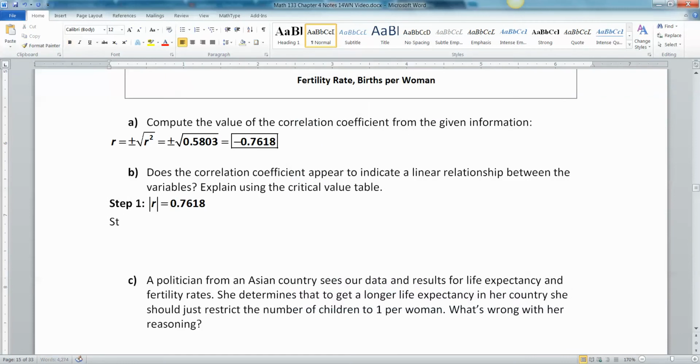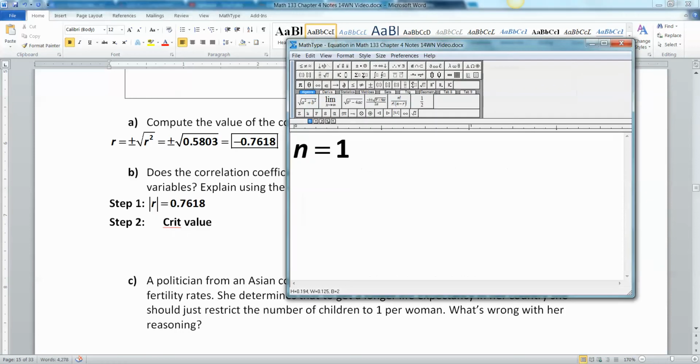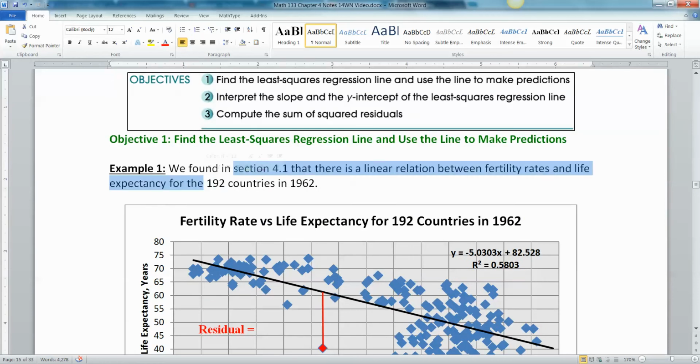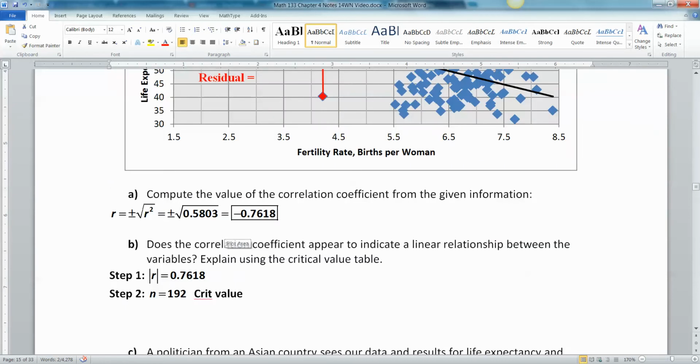Step 2, we need a critical value. The crit value from the table. Well, let's figure this out. N for us is 192. It says so right in the title to the graph. There were 192 countries. So N is 192. So the critical value is going to come from the table.